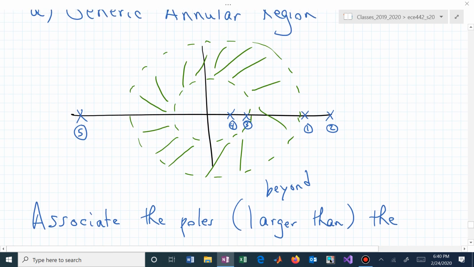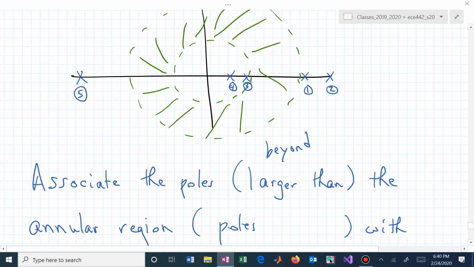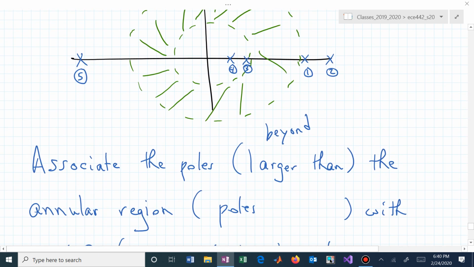Associate the poles larger than the annular region, or beyond the annular region. So now, which poles are beyond or larger than our annular region? Five is also beyond. We can't neglect things in the left half plane or above us.